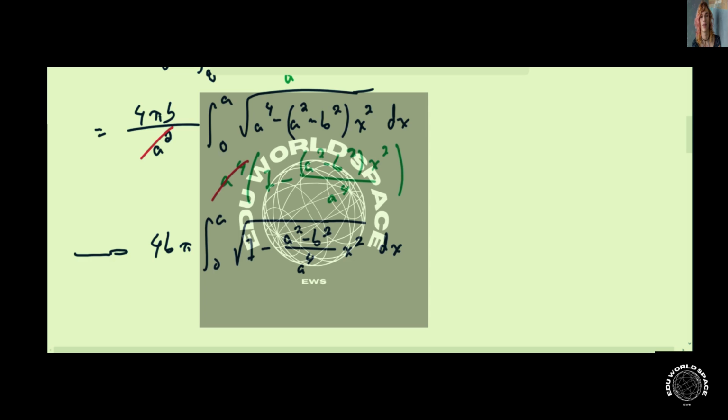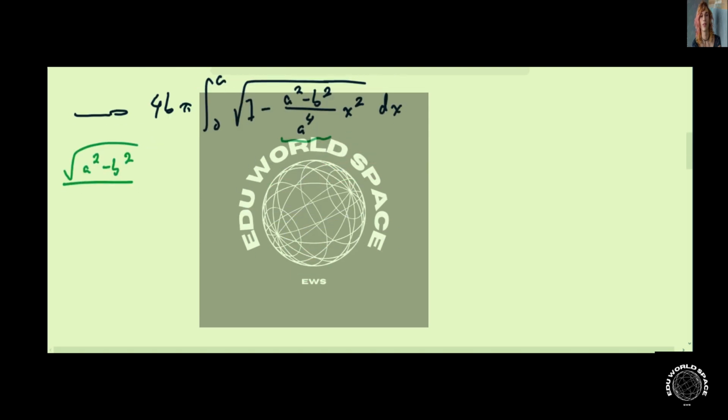So what this means is we're going to let the root of a squared minus b squared, the whole thing over a squared, times x, be equal to, let's say, the sine of t.